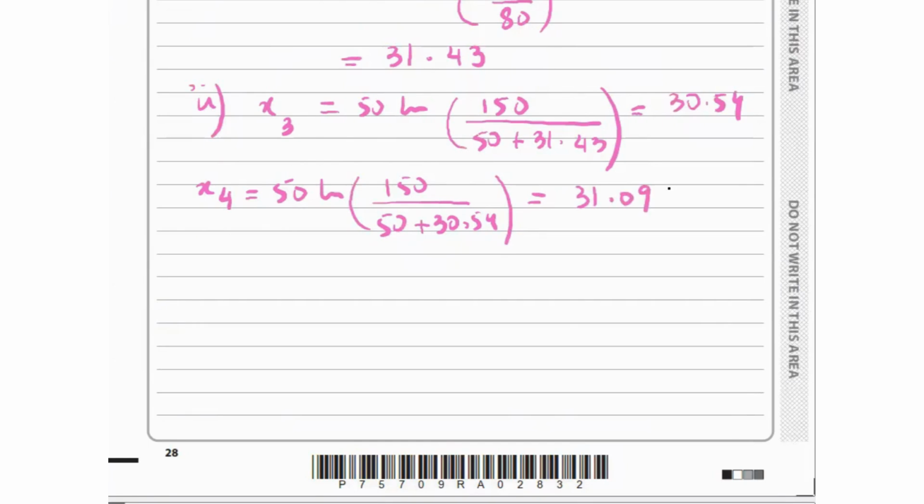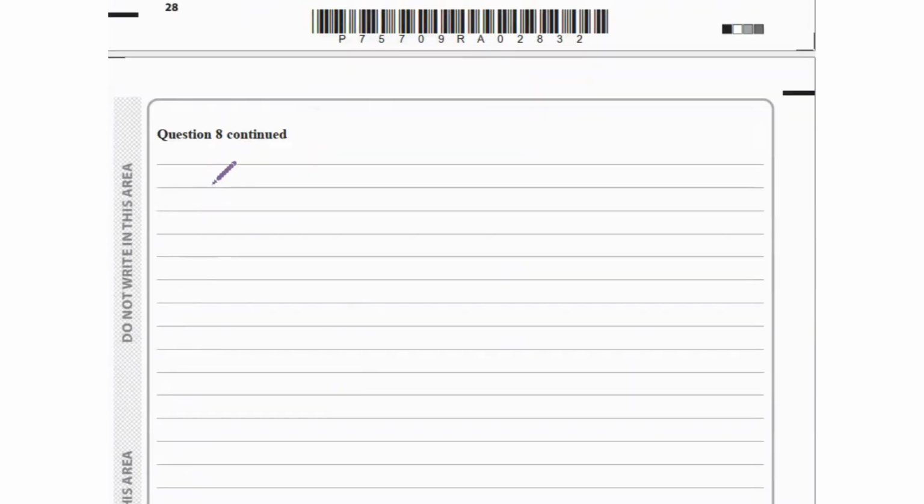Just like that, we're going to do repeated iterations. Next value is going to be 30.75. Then next is going to be 30.96. After that, it's going to be 30.83. Then after that, 30.91. Then next, 30.86. After that, 30.89.